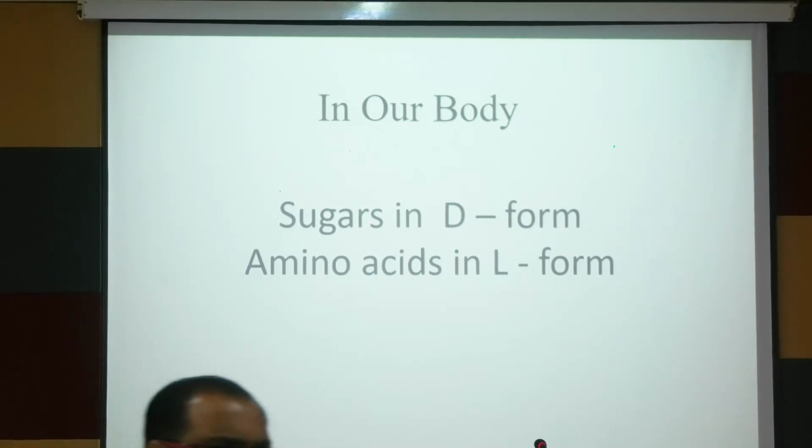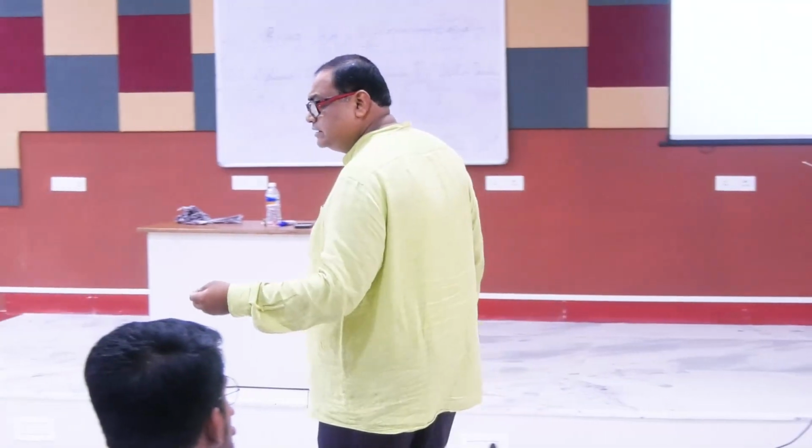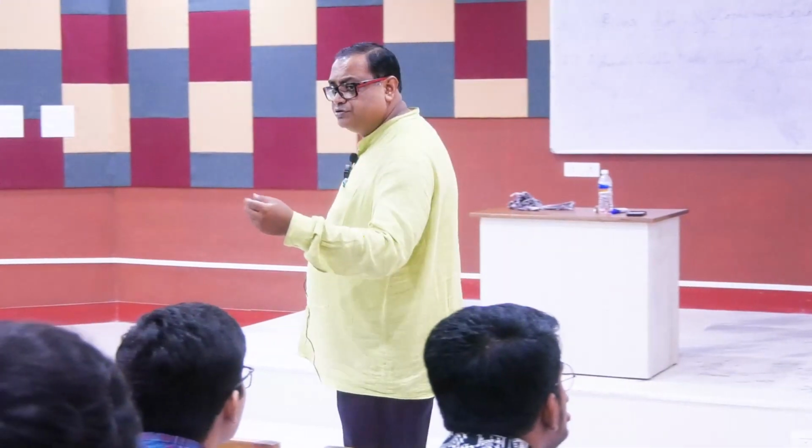But it is made with a goal to make it resistant against the enzymes produced by us, because our enzymes can digest substances containing D sugars and L amino acids. We cannot digest compounds formed by D amino acids and L sugars.